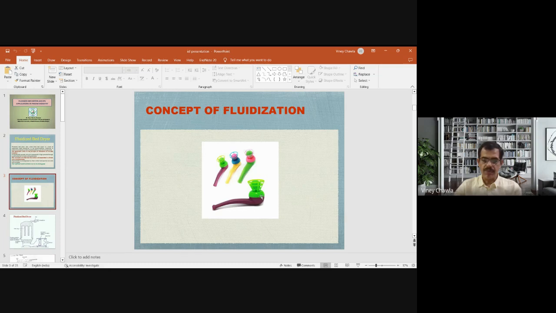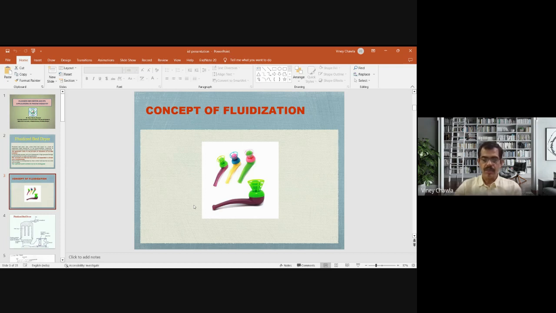But if the air pressure is proper, equal to the frictional drag of this ball, it will keep dancing in the air. So similar is the concept of fluidized bed dryer. All the particles are in a state of fluidization. That means they are dancing in the air, and this air is heated so that excellent heat and mass transfer takes place between the particles and heated air.